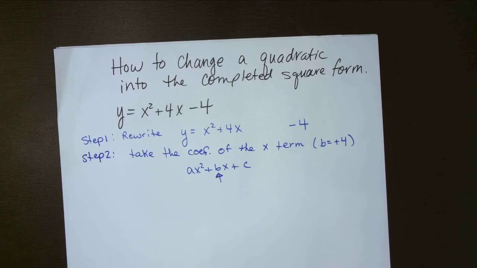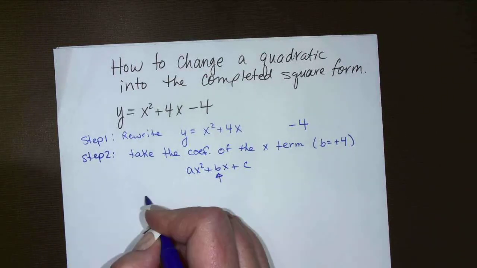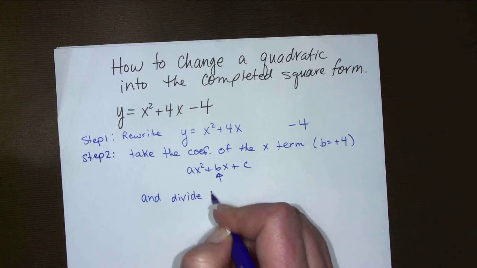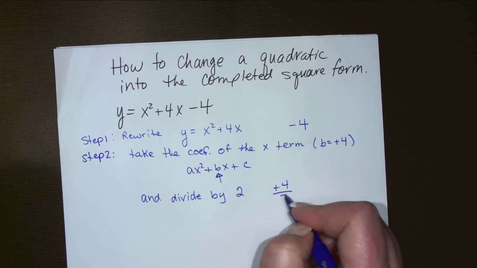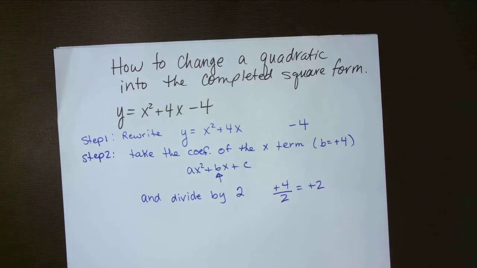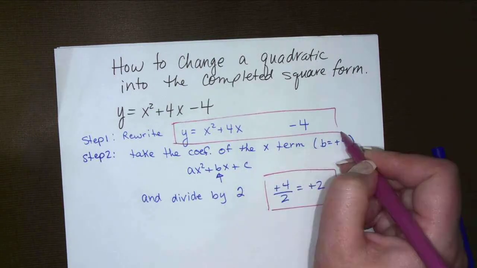We're going to take that number with the sign, don't forget to take the sign, it's a plus here, and divide it by 2. So what we end up with is +4 divided by 2 is equal to +2. Okay, that's it. That's step 2. And I'm going to do the next step before I show you why we're doing that. So this is the first step. Rewrite it with a space.